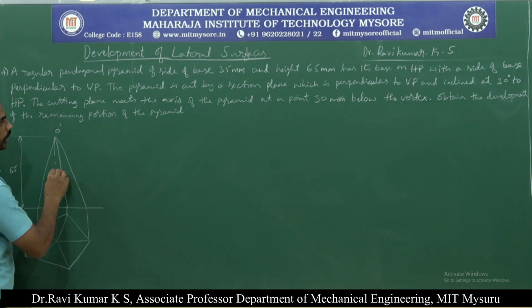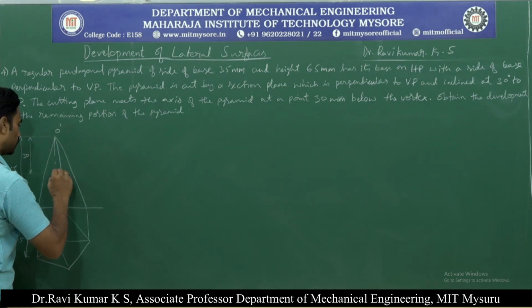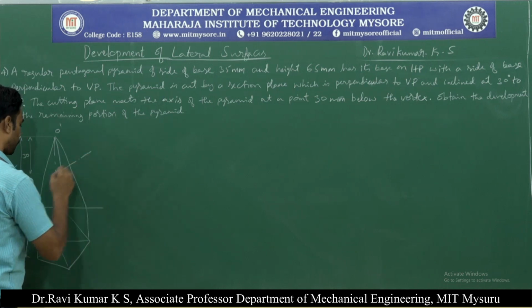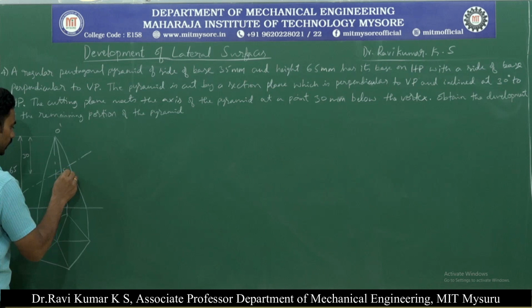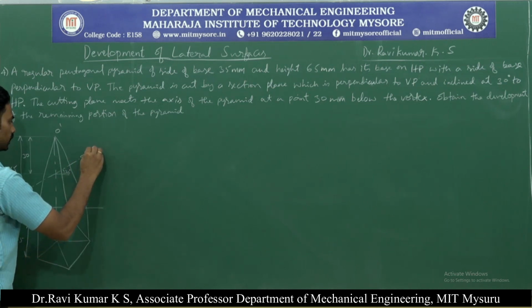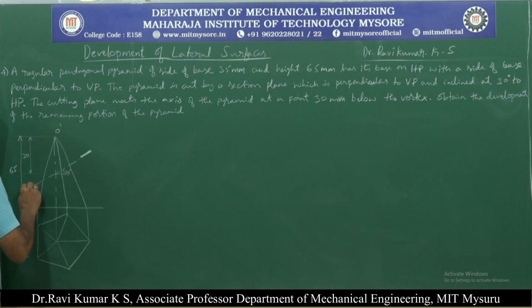Here you need to draw a 30 degree line from this particular point, which is 30 mm below the vertex, because the section plane should meet the axis 30 mm below the vertex, as per the condition given. So from this you just draw a section plane which is 30 degrees to HP. This is 30 degrees, and the section plane should be thick at the end.